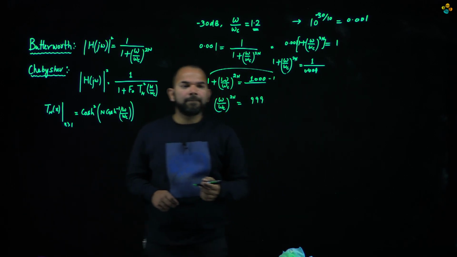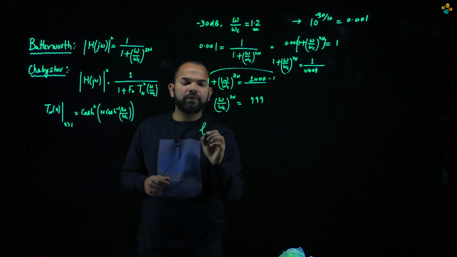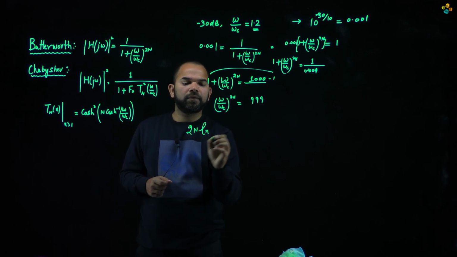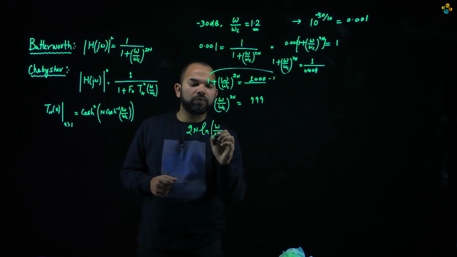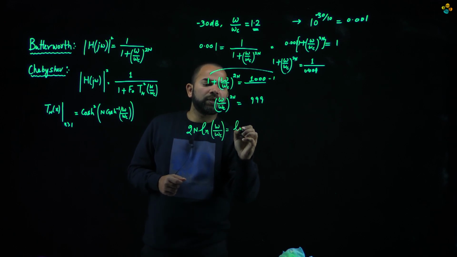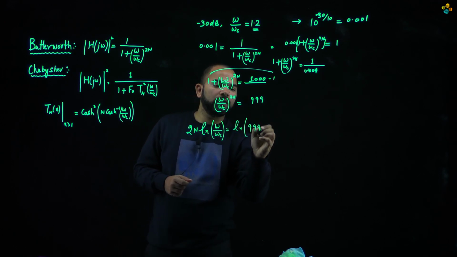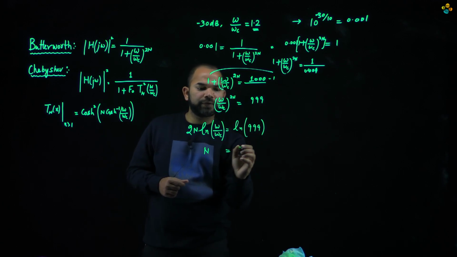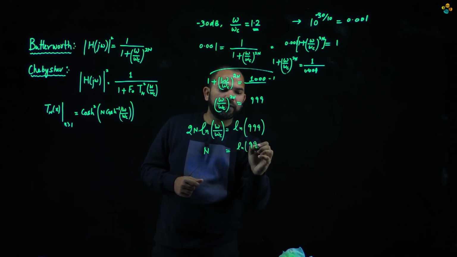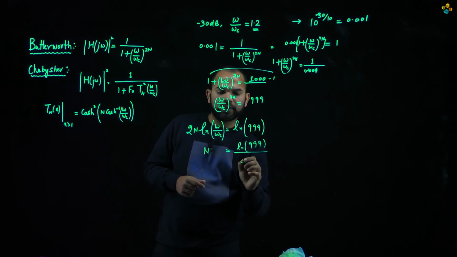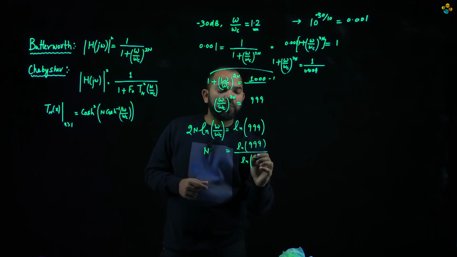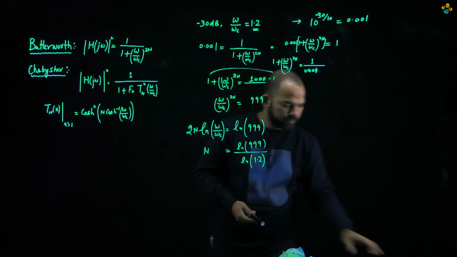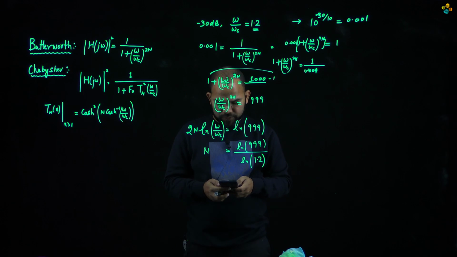If we take ln of this, 2n comes out in front, so 2n times ln of omega upon omega c equals ln 999. Solving for n, n equals ln 999 divided by 2 ln of omega upon omega c, where omega upon omega c is taken as 1.2. So if we solve this, let's see what the answer is going to be.